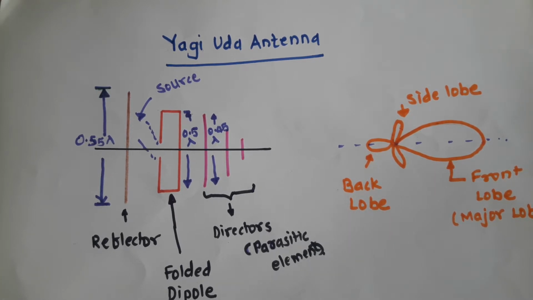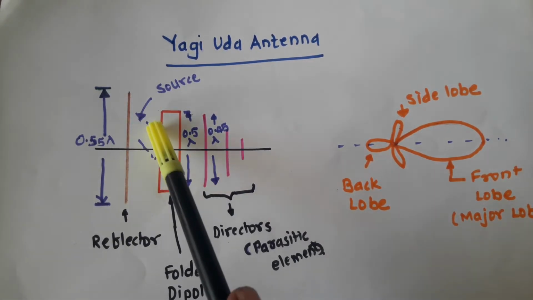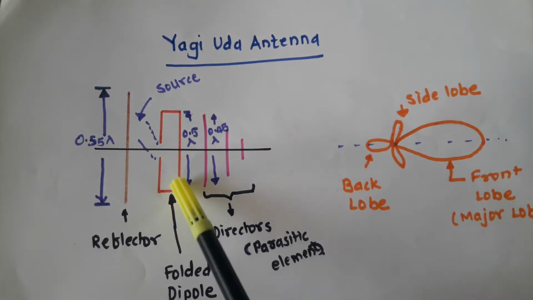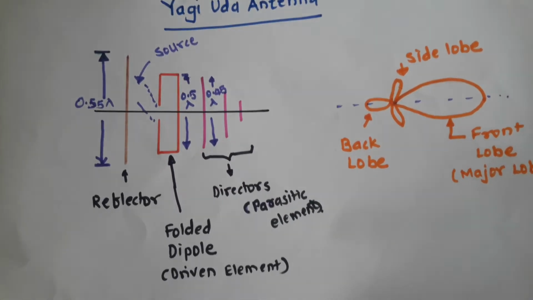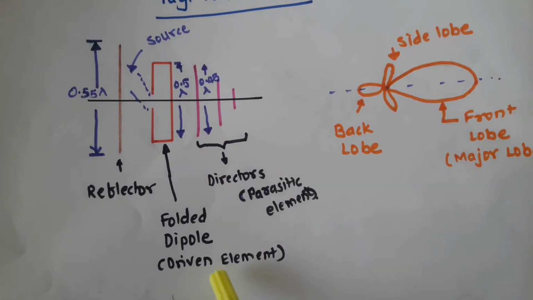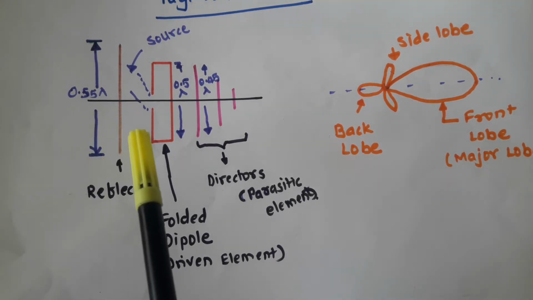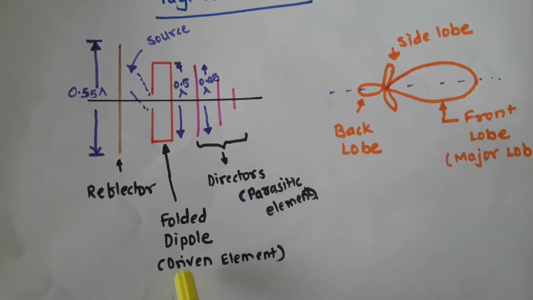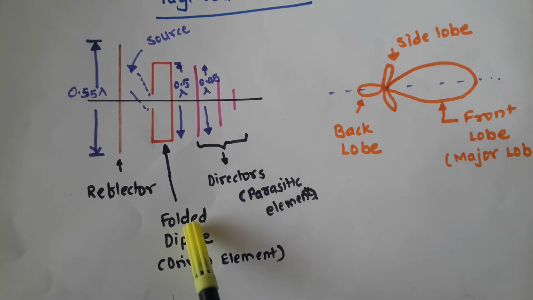Parasitic elements are not directly fed with any source, but they are inductively or mutually coupled with the other active element. The actual signal which we want to send is given directly to the driven element, the folded dipole. So the folded dipole is also called the driven element, because the actual signal is fed to it.